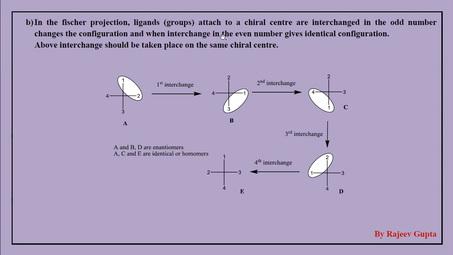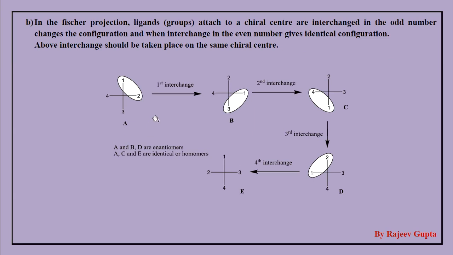We can interchange any two groups of those four on that same chiral center. We cannot go to another chiral center; if we do, we will be dealing with its regioisomer. So we will never go to another chiral center in this interchange.